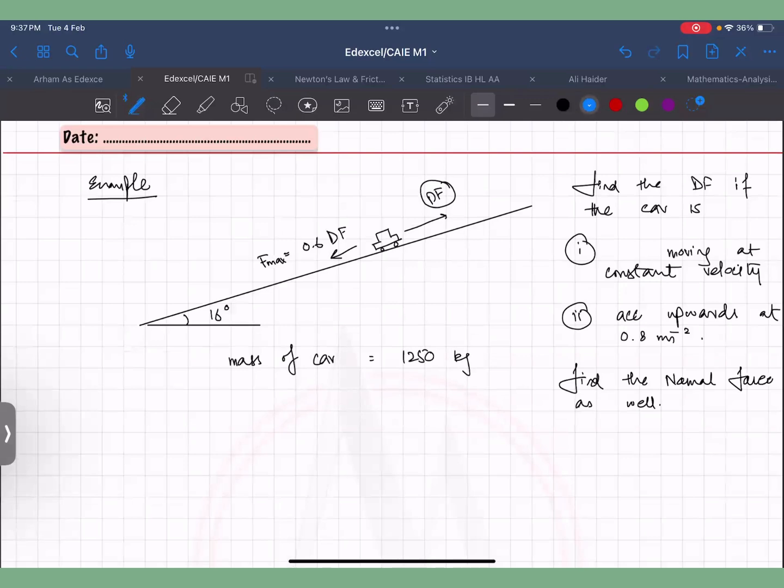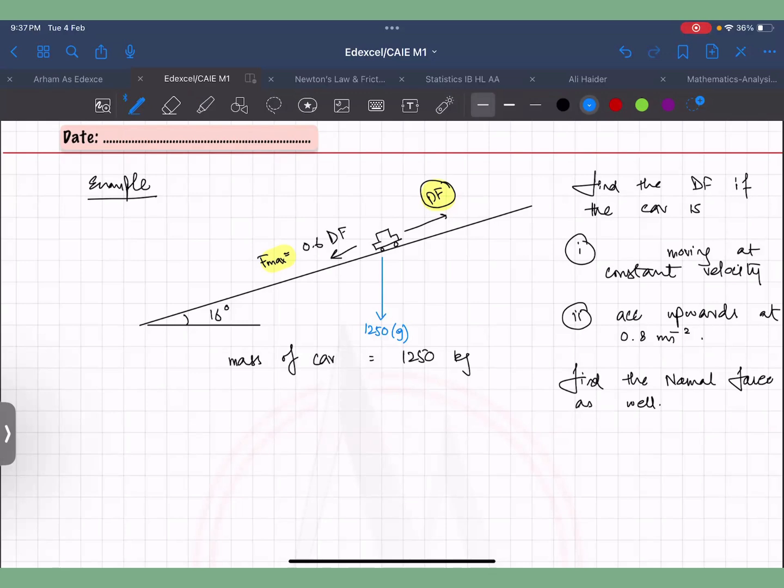Again, first of all is to identify all of the forces. We have the driving force, we have the friction force. Apart from these two forces, definitely there is weight acting vertically downward, which would be 1250 g. And because of the inclined plane, this weight is now being distributed into two components.